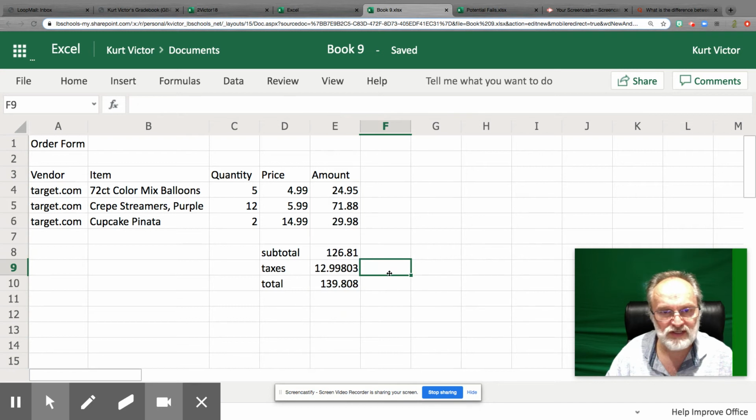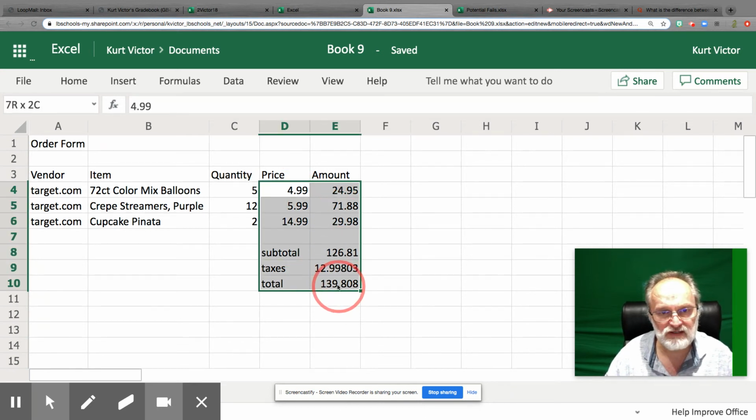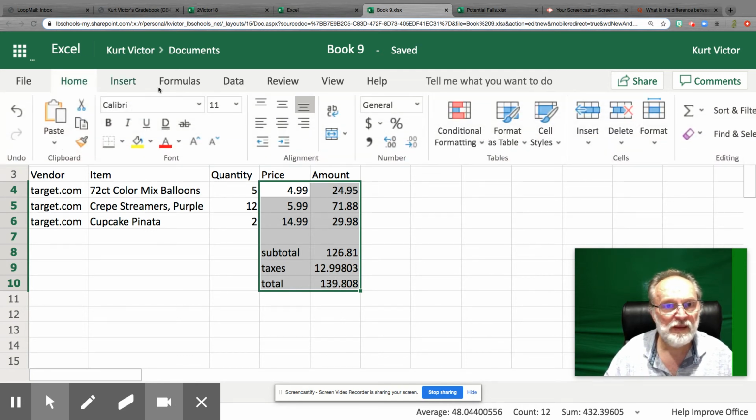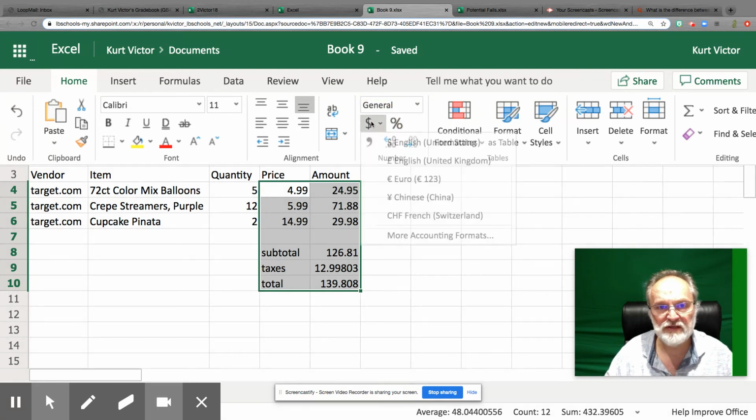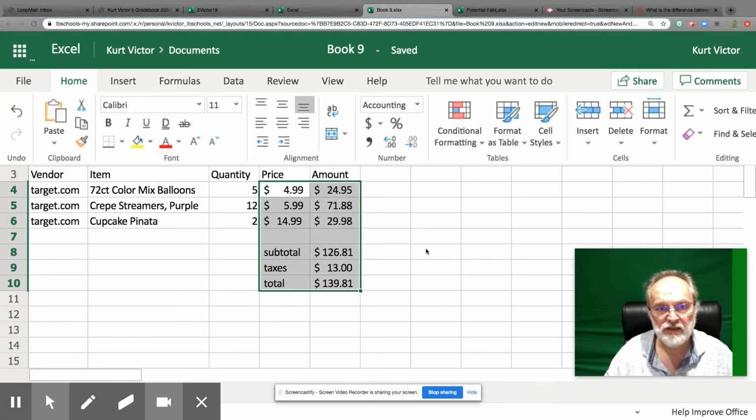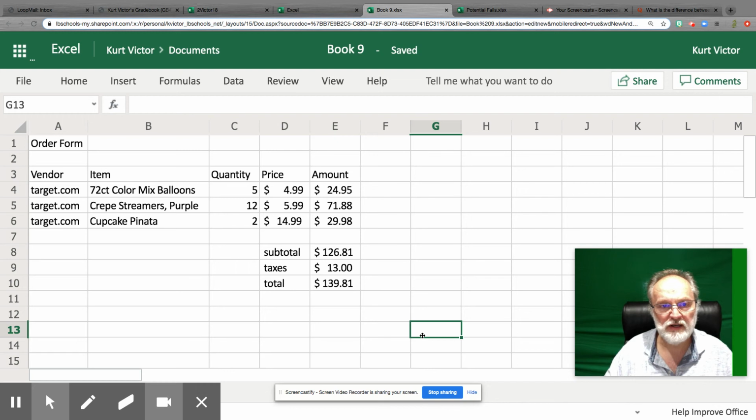They're all currency, so you should probably format them to look like currency. So I'm going to select the cells that are currency, go up to the ribbon, and in the number section, select currency. So our numbers can be formatted correctly so the money appears like money.